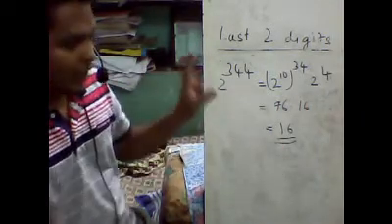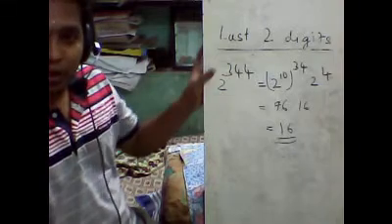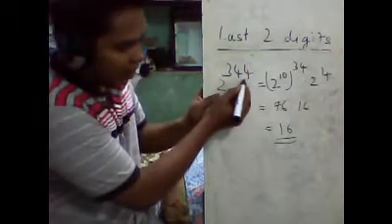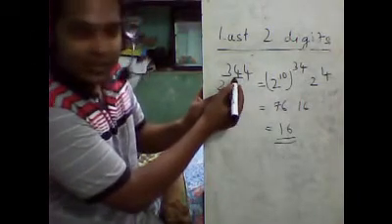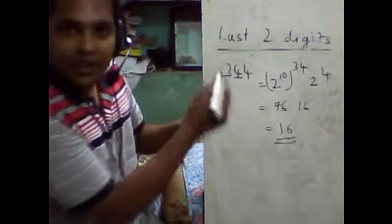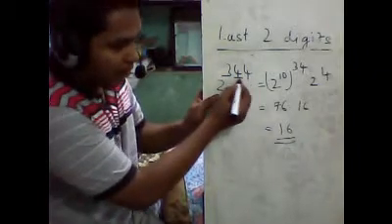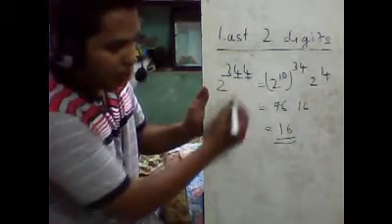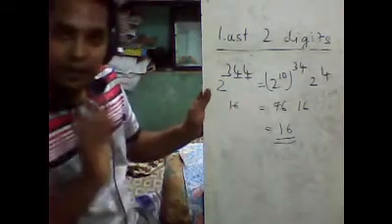Solving any problem that comes as 2 to the power of some exponent is very simple. Look at the second last digit of the exponent. Check whether it's an even or odd number. If it is an even number, just look at the last digit. 2 to the power of 4 is 16. Just write 16.